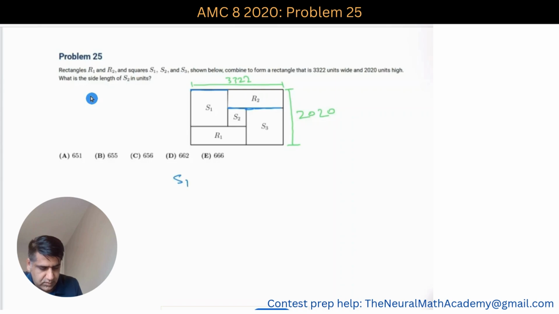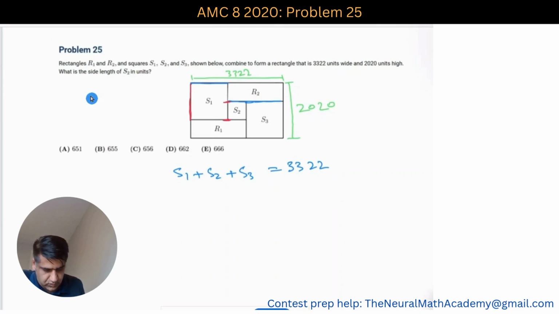So S1 plus S2 plus S3 is equal to 3322. And similarly, I can also write S1 minus S2, that is this, and then plus S3, that is equal to 2020.